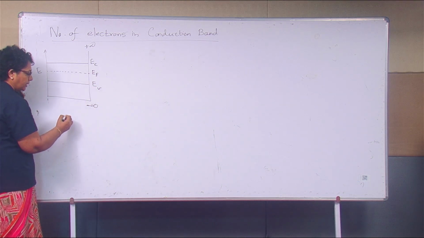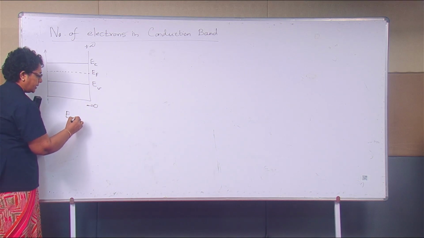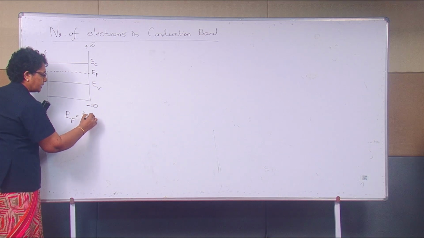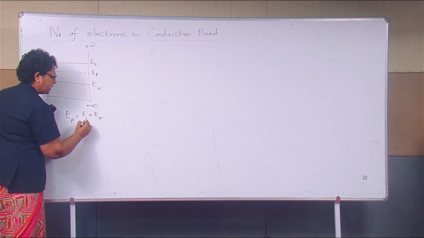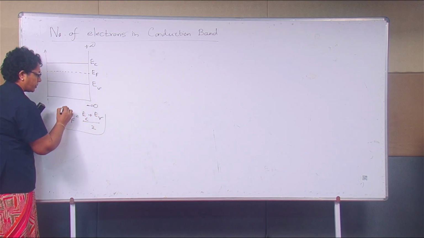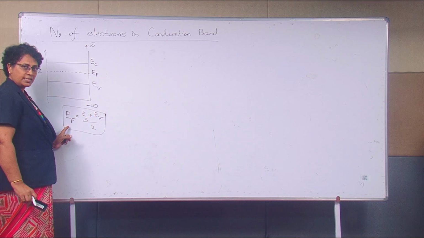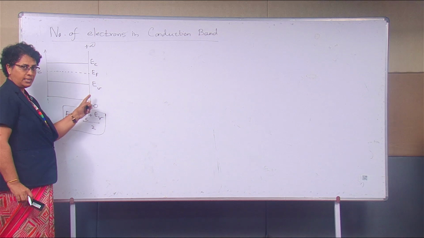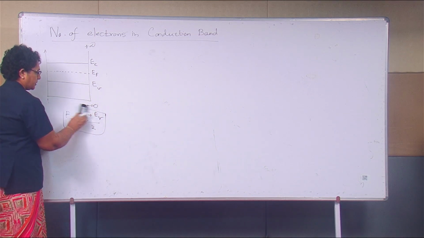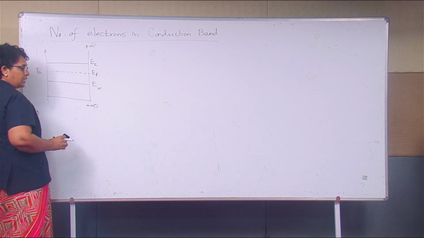So here our task is to prove that EF is equal to (EC plus EV) by 2, that is, that it is exactly at the midpoint of EC and EV. For that, you have to go for the expression.